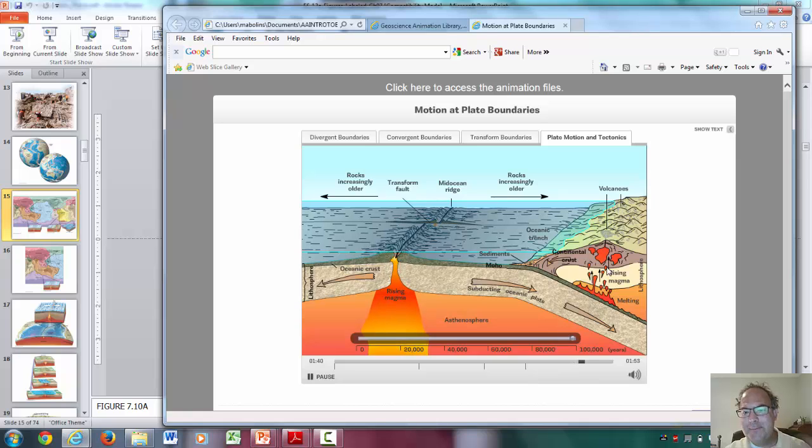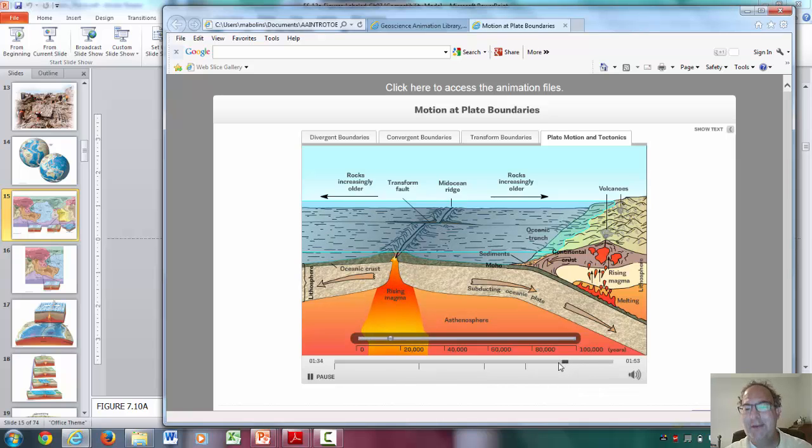And near the subduction zone, the place where one plate is going down underneath another, volcanoes grow. At an ocean-continent plate boundary, these volcanoes are said to be part of a continental volcanic arc.